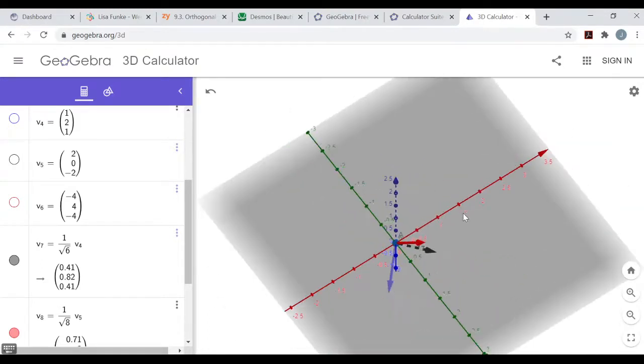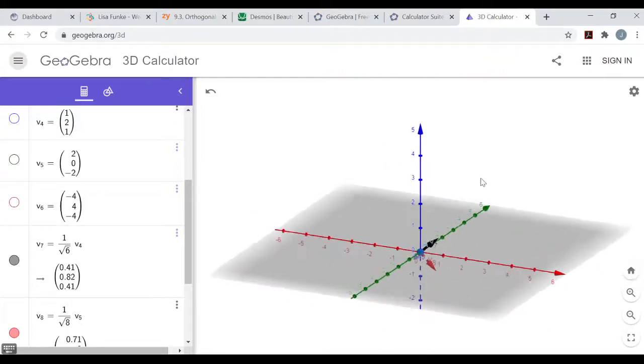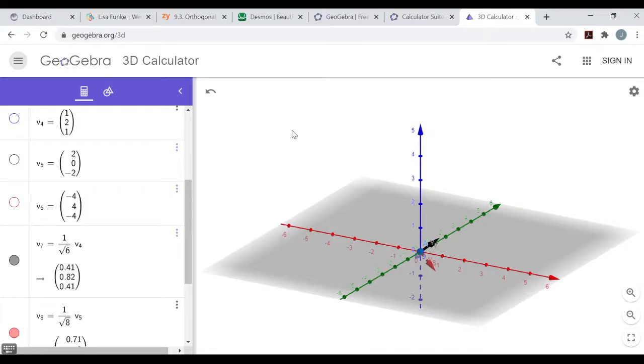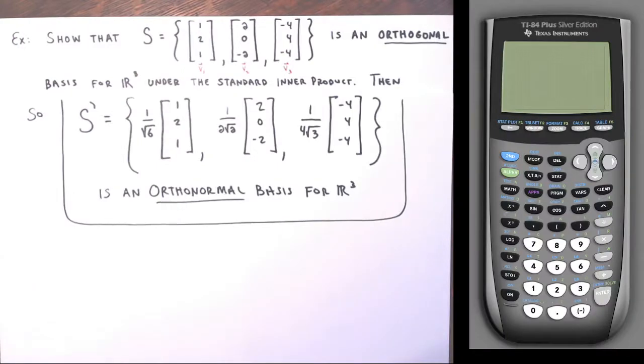So yeah, wonderful. All right. And again, the beautiful thing about an orthonormal basis will be when we talk about writing the coordinates of vectors relative to these bases. So again, that's in an upcoming video.